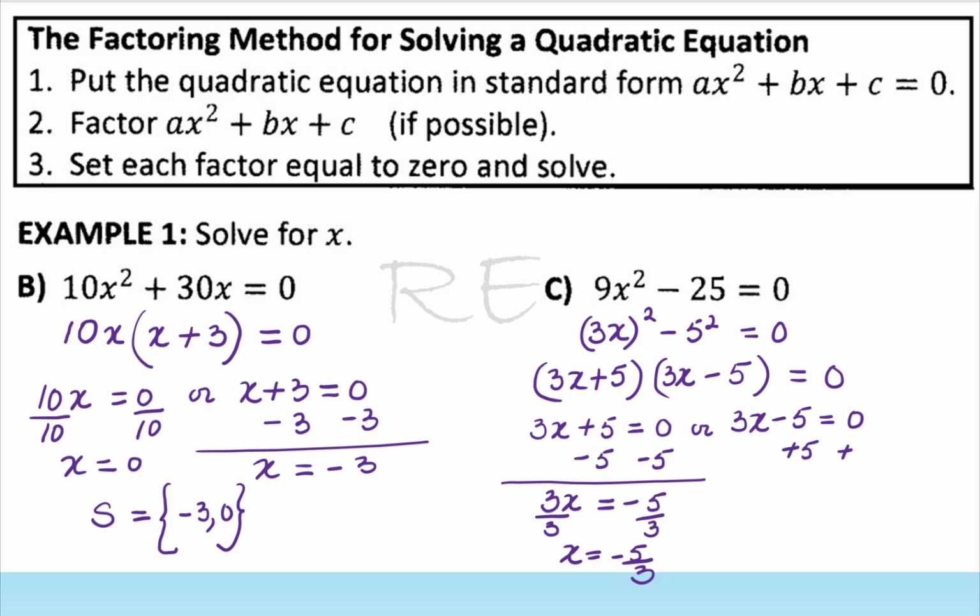For the second factor, we add 5 to both sides. 3x is equal to 5. Divide by 3. x is equal to 5/3. So the solution set is negative 5/3 and 5/3.